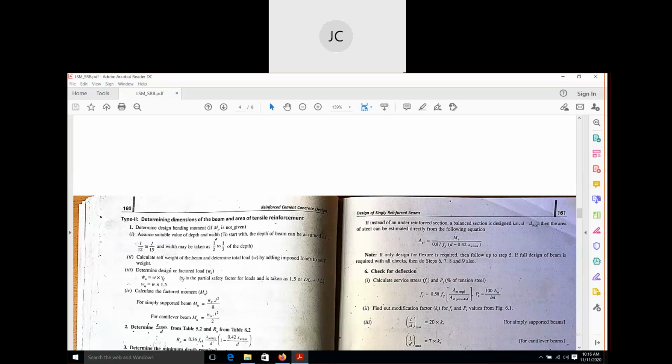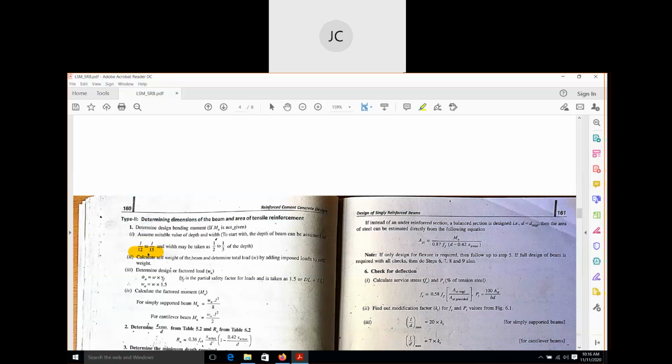You can see here this ratio should be around L by 12 to L by 15. So in that video they have assumed L by 12.